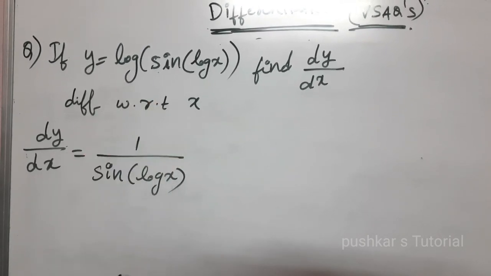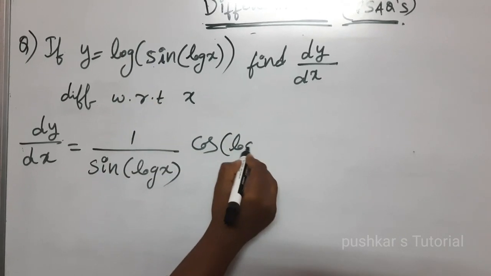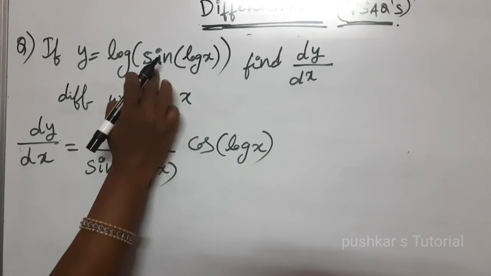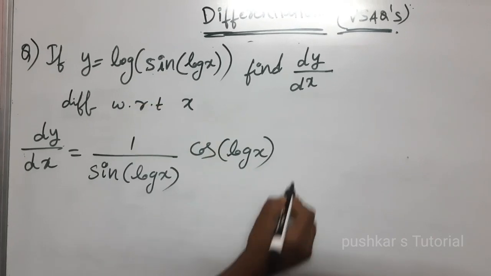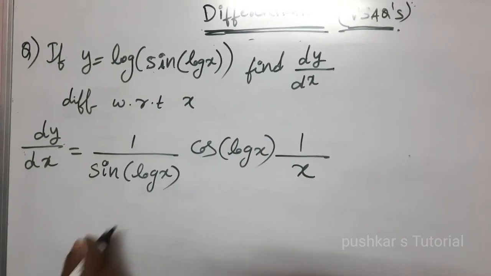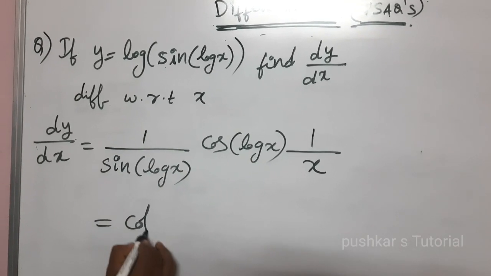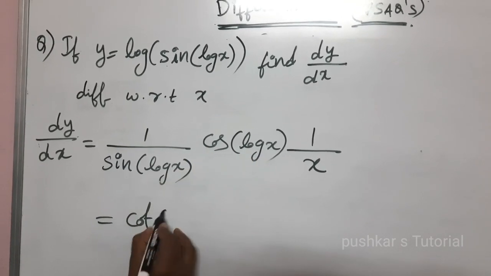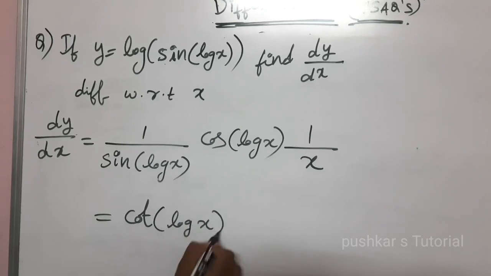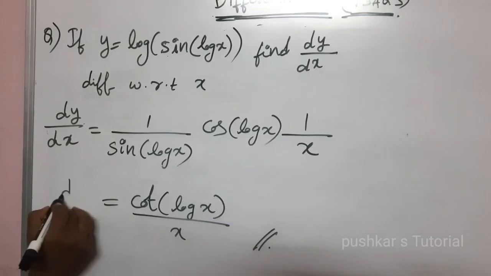Next, sine differentiation is cos, so cos of log x. Next, inner differentiation: log differentiation is 1 by x, so x in the place of x only. Now cos by sine, same angle, is cot of log x, and the denominator whole by x is the answer.